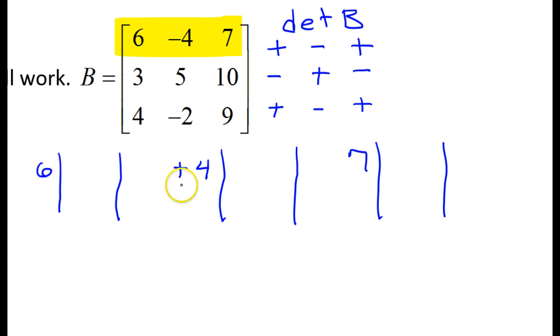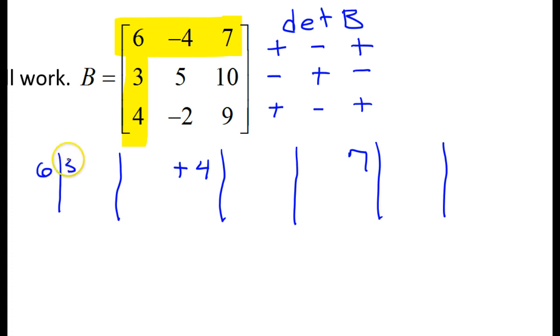Now, to find the 2 by 2 submatrix that goes next to these cofactors, you need to take it one cofactor at a time. So looking at the 6, cancel out the column that has the 6 in it. And then you can see the submatrix that is left.